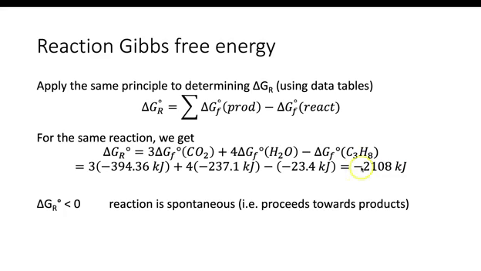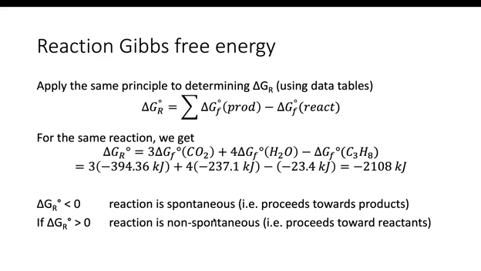Well, if the delta G of a reaction is less than 0, that means it's spontaneous. So in this case, we're negative, so it's a spontaneous process. If you have a delta G that's negative, that means the reaction is going to proceed towards the products. If you have a delta G of reaction that's greater than 0, that means it's non-spontaneous, and it will not proceed towards products.